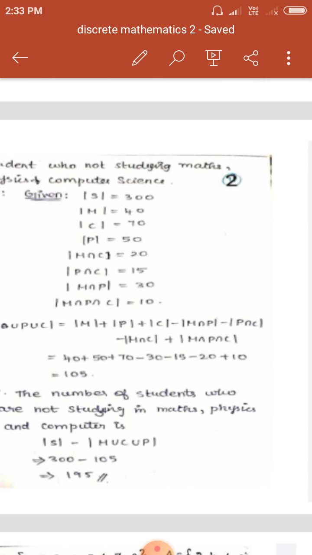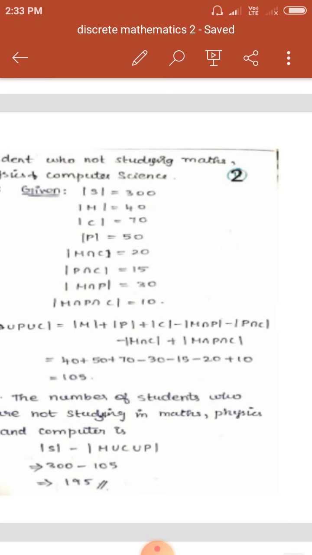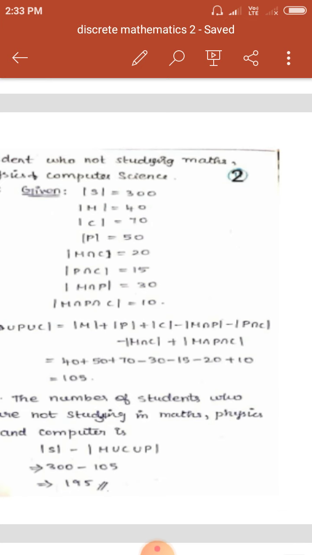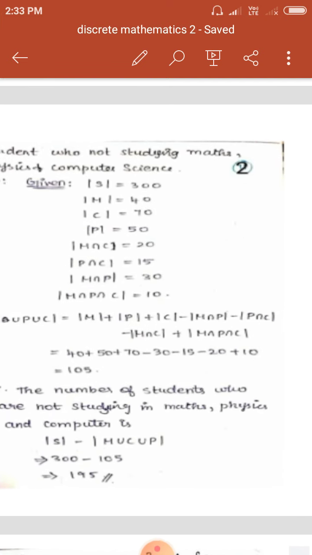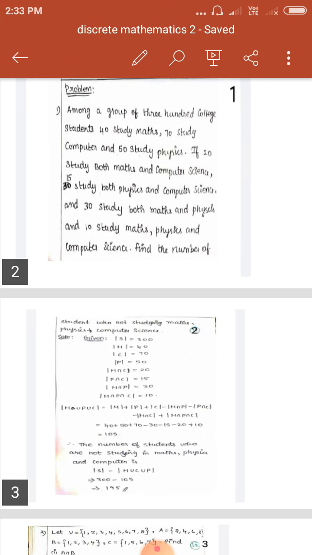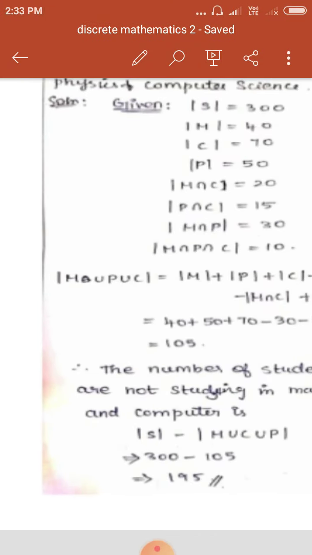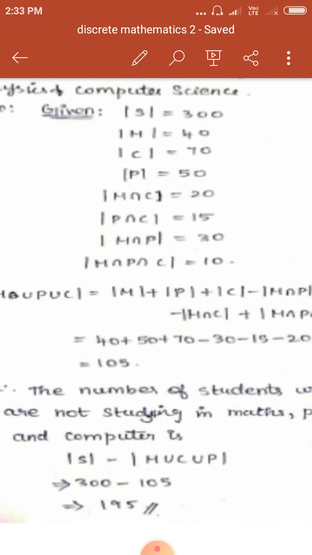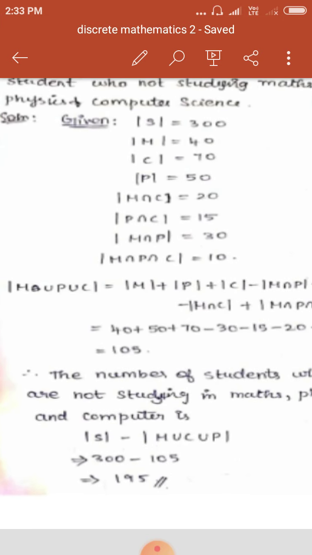M intersection C, maths and computer science, is 20. P intersection C, physics and computer science, is 15. M intersection P, maths and physics, is 30. And M intersection P intersection C is 10.